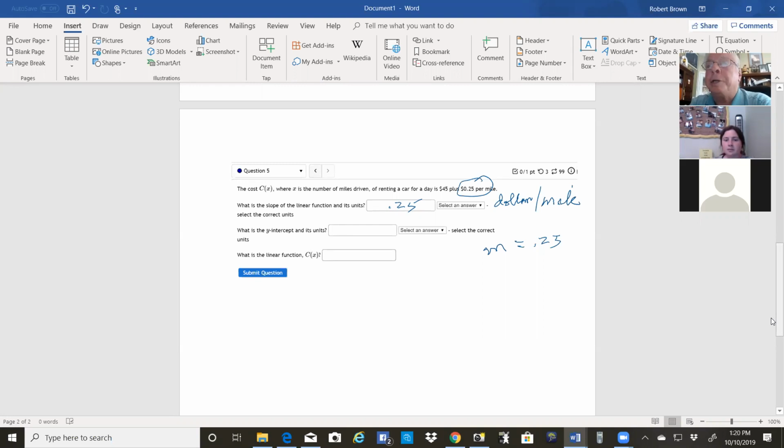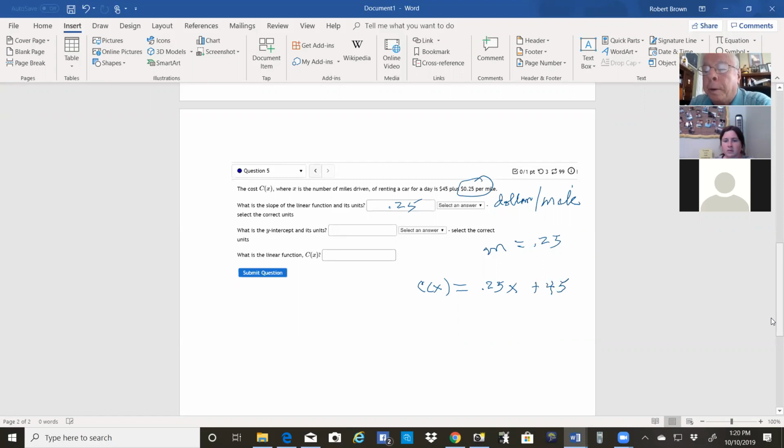What is the y-intercept and its units? The y-intercept, well, the equation is going to be C of X is going to be 0.25 X plus $45.